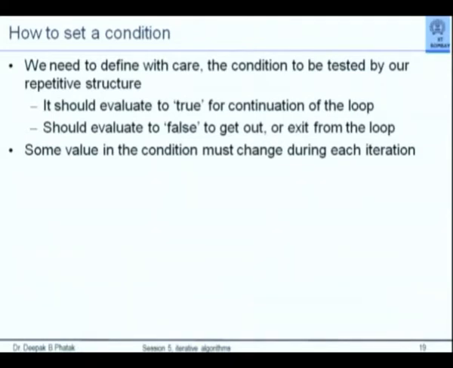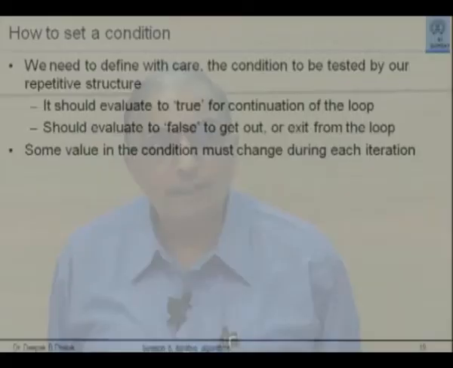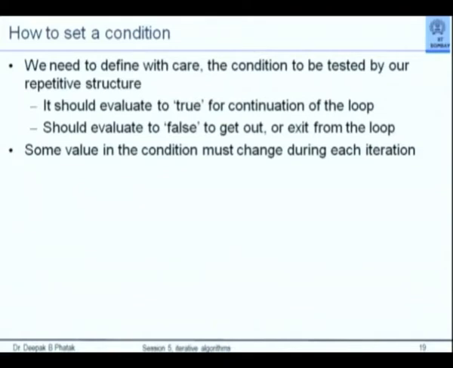How to set the condition? You have to be careful when you set that condition, because you are designing that condition. The condition is going to be tested every time the repetitive block is to be executed, because the meaning is, while the condition is true, do it repeatedly. After every repetition, the condition is going to be checked. It should evaluate to true for continuation of the loop, and if it evaluates to false, it will exit and jump out. Now, some value, some component in that condition must change after every iteration.